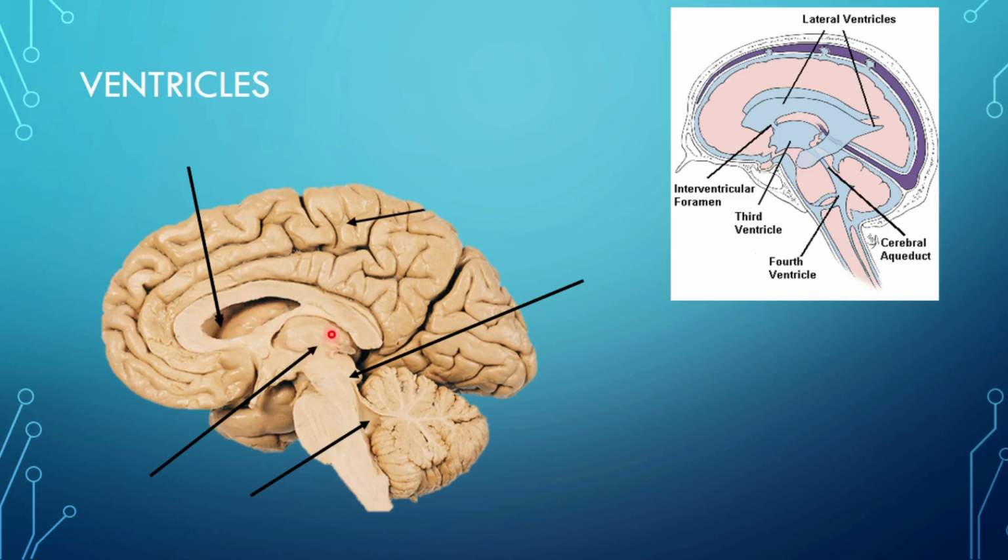This is the third ventricle, and they communicate through this little hole that you can just see a tiny bit of here. That's the foramen of Monro. We then see another teeny tiny channel. This is the cerebral aqueduct, and the third ventricle communicates with the fourth ventricle here, which then continues down the spinal cord as the spinal canal.